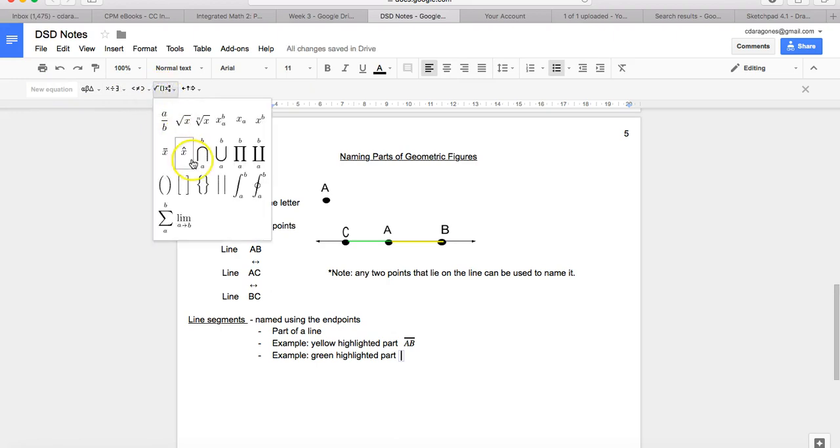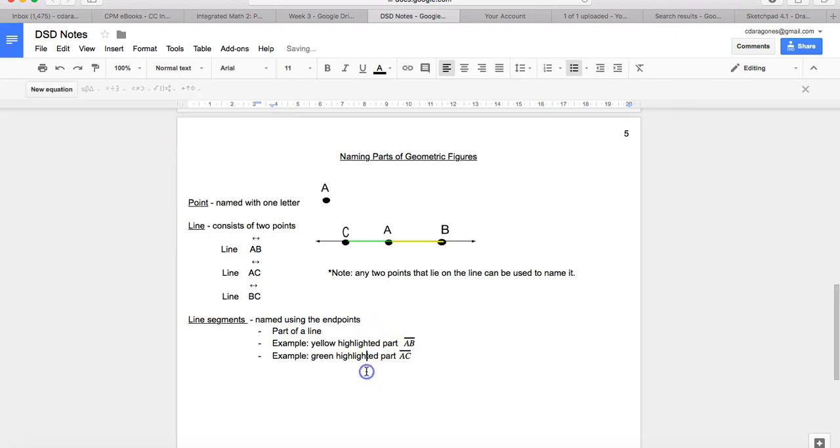So it starts at A and ends at C. Those are its 2 endpoints. So it's different from a line. This is one entire line, and then these parts, the yellow part and the green part, are line segments. So go ahead, take a moment, copy these notes down about line segments, and then move on when you are ready.